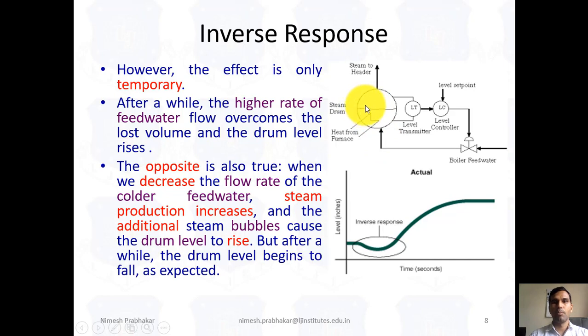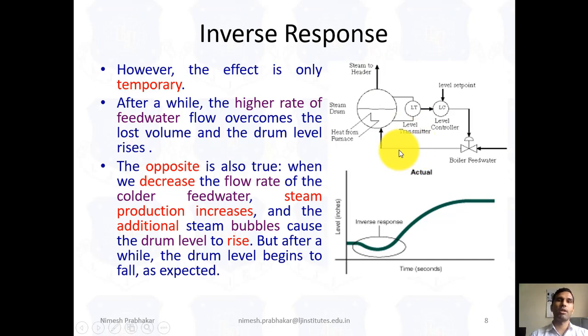Now more bubbles are produced, so it indicates the level of water is increased, and the additional steam bubbles cause the drum level to rise. But after a while the drum level begins to fall. That means actually we reduce the feed water, so the level should indicate low, but it indicates a high water level due to the inverse response.